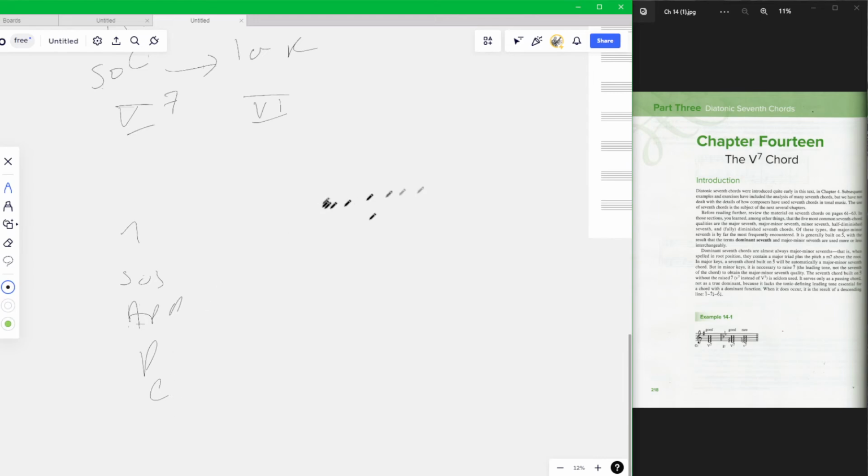Anyway, so the 7th, let's pretend this is the 7th of the chord, not the 7th scale degree, 7th of the chord. That's always going to go down, right? The direction of that is down. That means that the approach of that pitch, the 7th of the chord pitch, should be used as a figure.